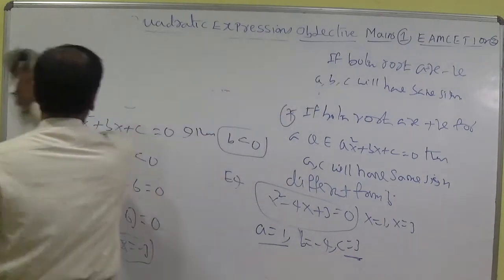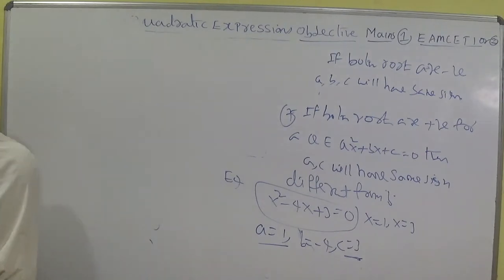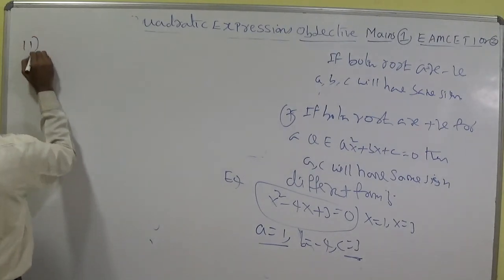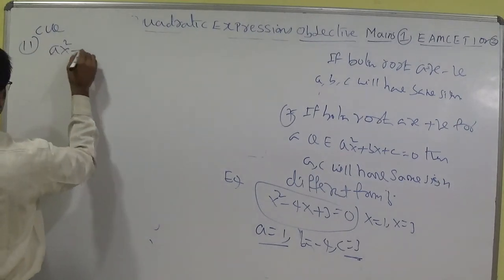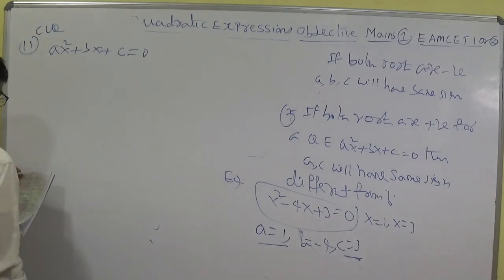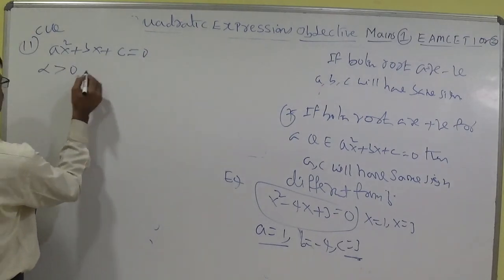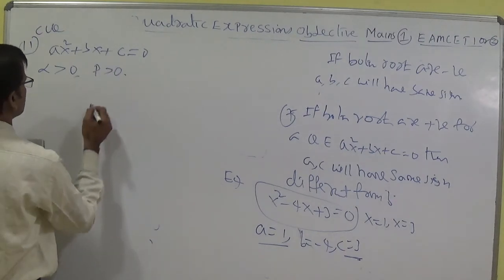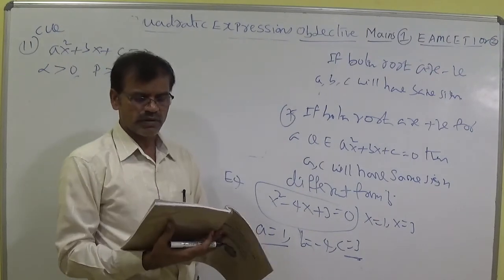If both roots are positive, ax square plus bx plus c is equal to 0. 11th question, CUQ, I am writing. For the quadratic equation ax square plus bx plus c equal to 0, both roots are positive. That implies alpha greater than 0 and beta greater than 0. Both roots are positive, that's all he has given.